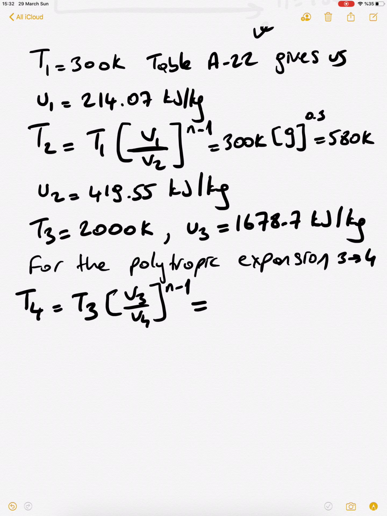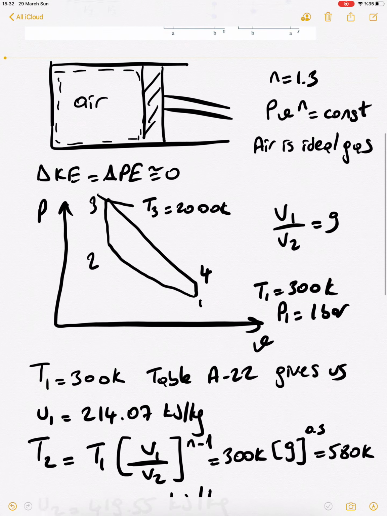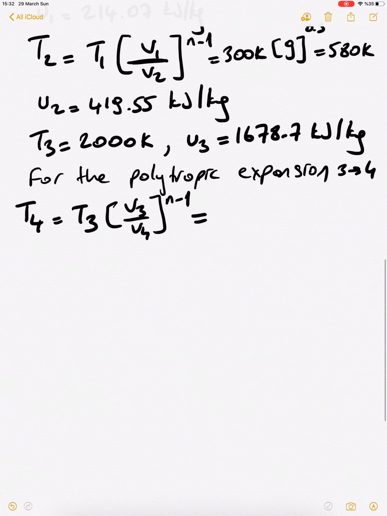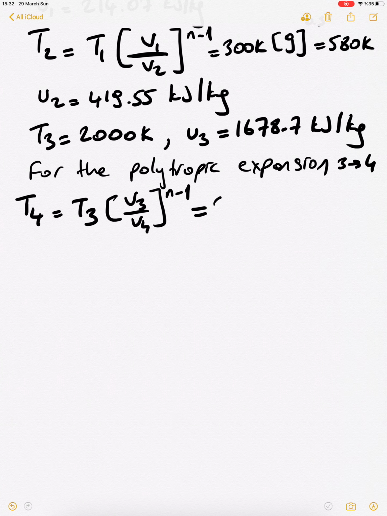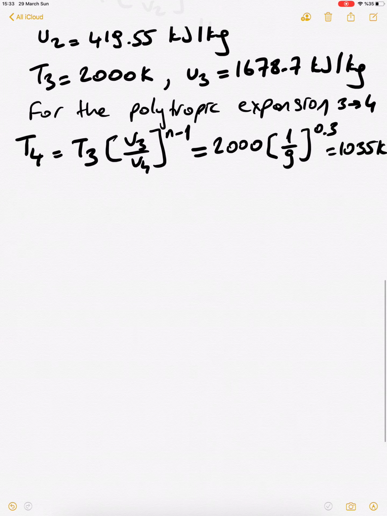And V3 over V4 is equal to V1 over V2, and therefore we get 2000 times 1 over 9 to the power 0.3, and it becomes 1035 Kelvin. So the corresponding U4 is equal to 789.05 kilojoule per kilogram.